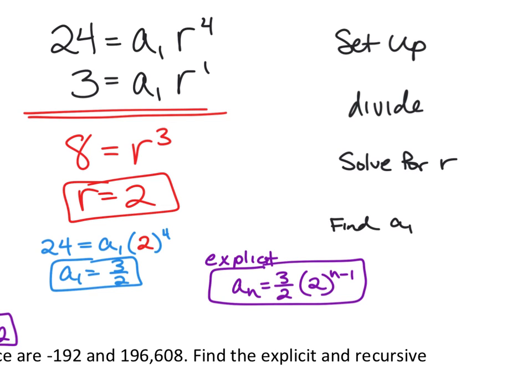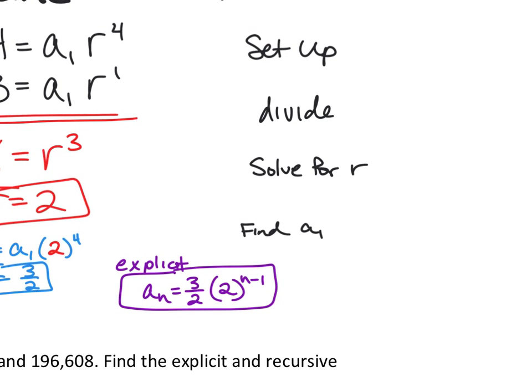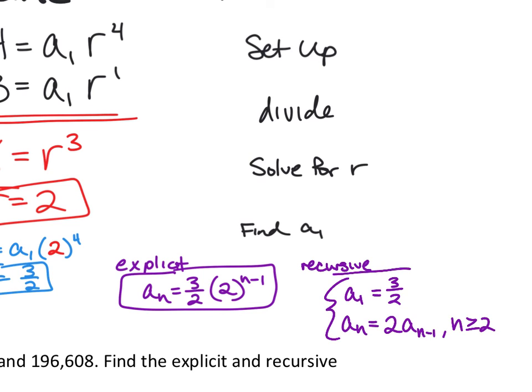And if we're doing the recursive, we have a sub 1 equal to 3 over 2. That's the first term. And any term after that is going to be 2 times that common ratio times the previous term, given that n is greater than or equal to 2.